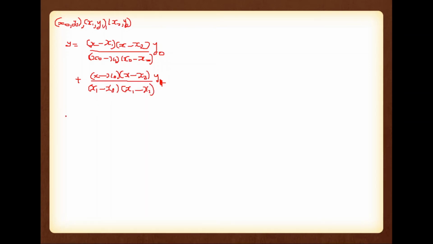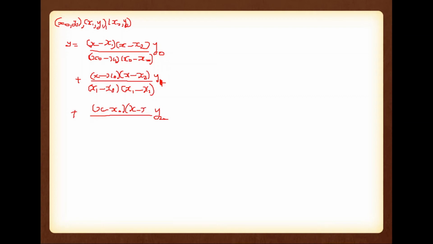Okay. Now what do we have? We have y2. So we have to add a new element. Please note these are the existing elements, which were modified. Now we have to add a new element, that is y2. The x element corresponding to y2 is x2. So except x2, all other elements must be there in the numerator. So we have x minus x0 into x minus x1.